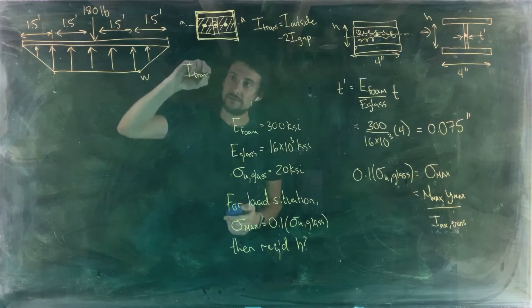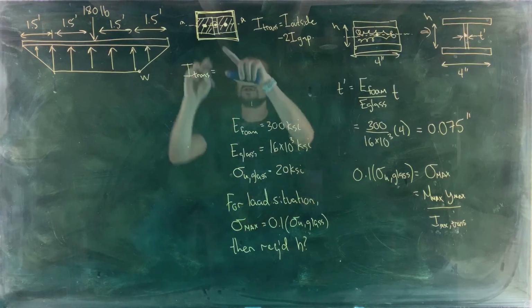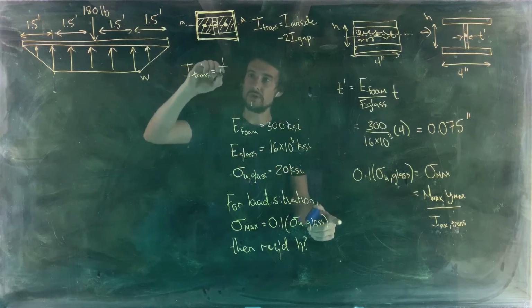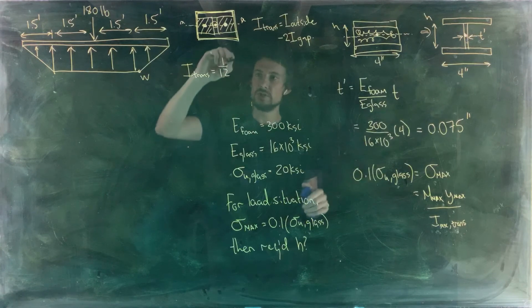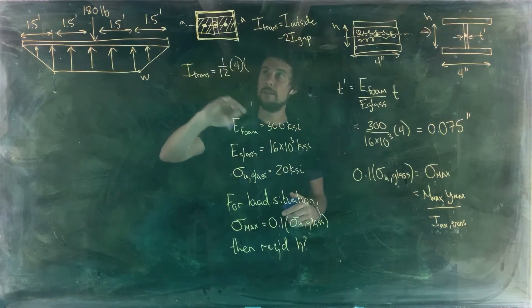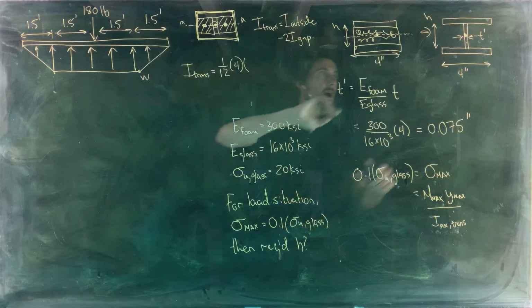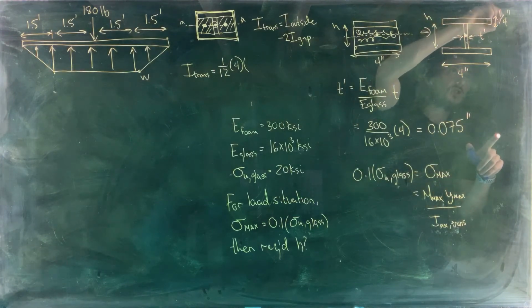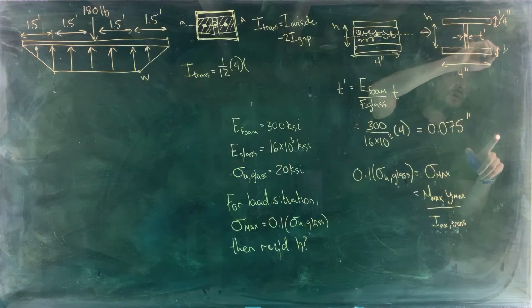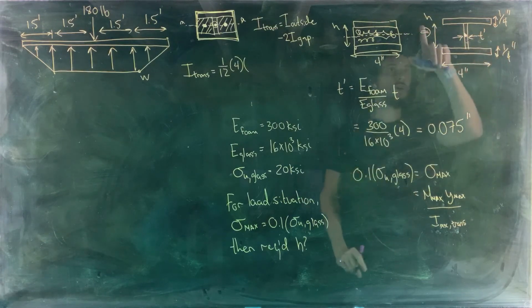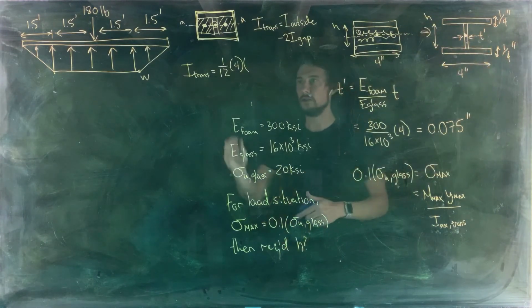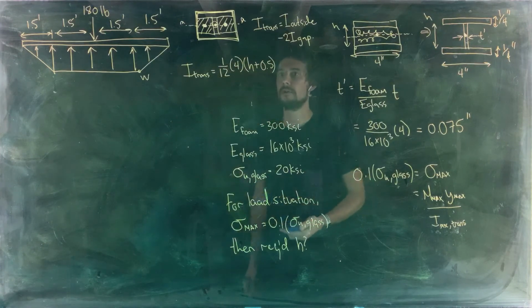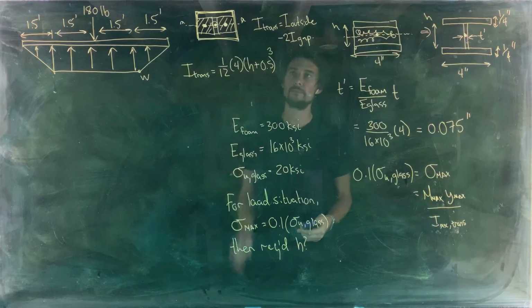I for the transformed beam is equal to I for the whole outside perimeter, 1/12, the base, which is 4 inches, times the height here. The height is going to be h plus 1/4 plus 1/4 inch, so h plus 1/2 inch, h plus 0.5, and we're cubing that.